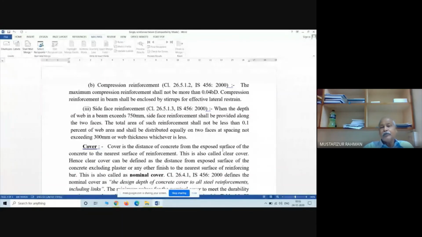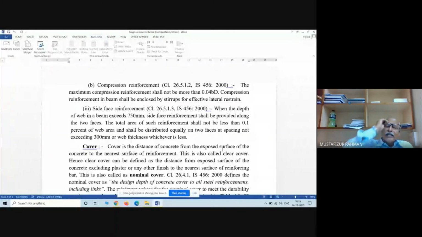So under this situation, the code specifies that some reinforcement should be provided on the vertical face along the lengthwise direction of the beam, on both faces, which is designated as lateral face reinforcement.